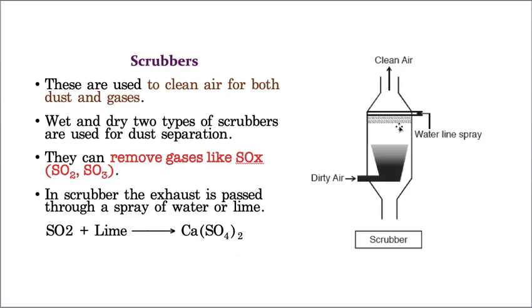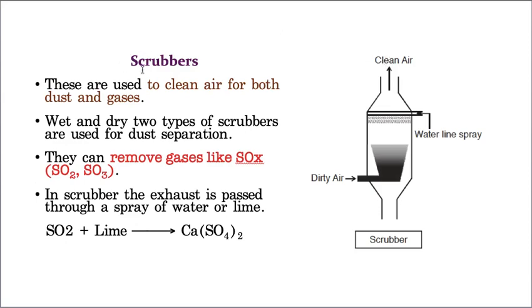And all these precipitate particles, being a little heavy, fall down, and the purified air passes out. Only 3 points. By this summary of 3 points, you must have understood the scrubber in a better way.